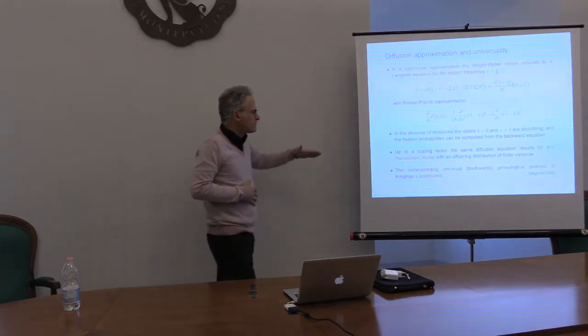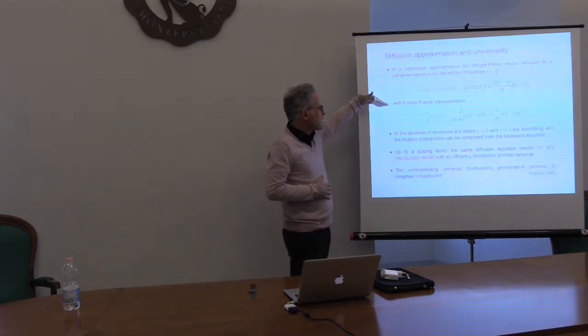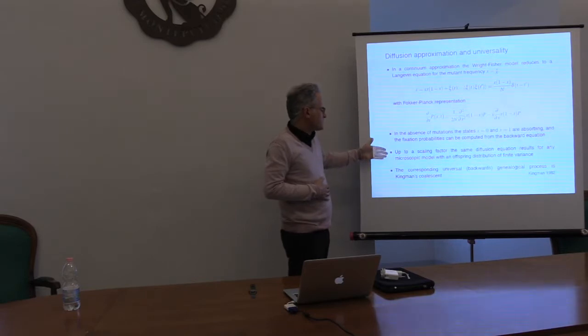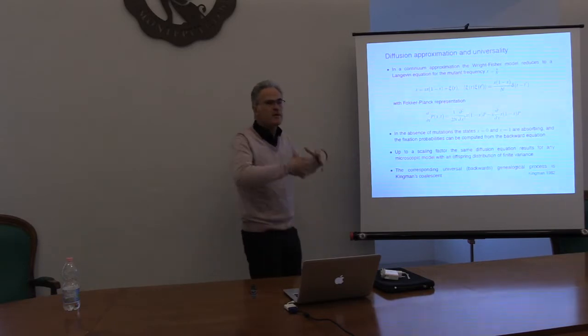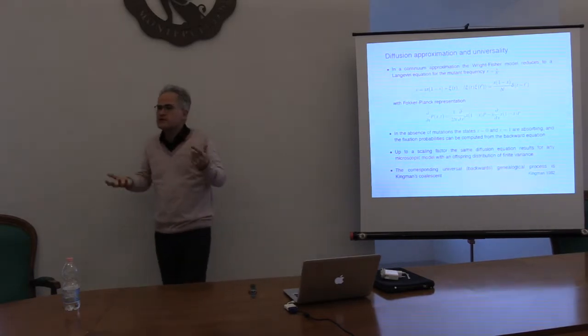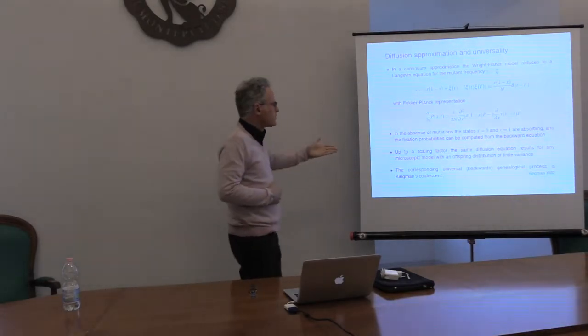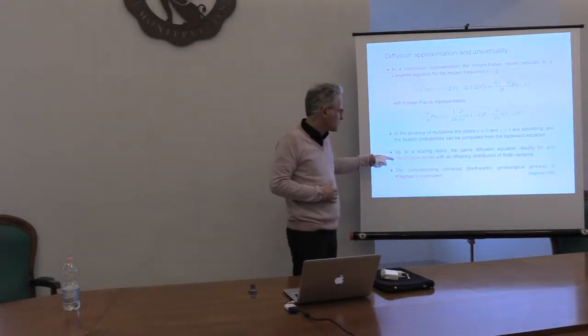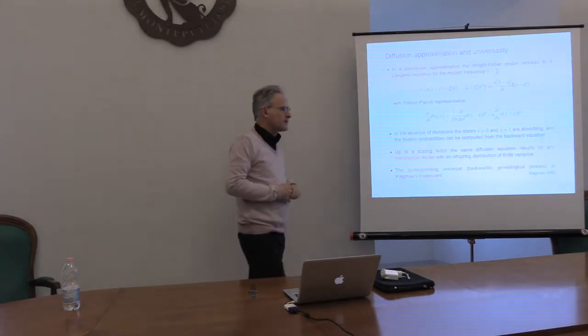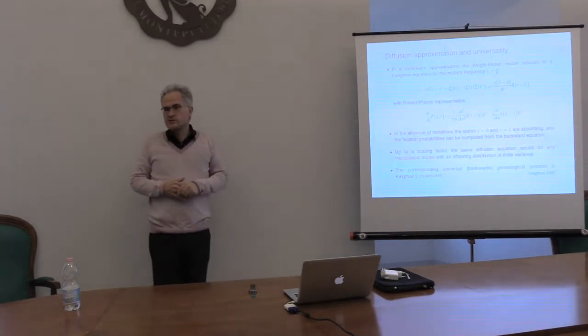Now, what is important about this is that it is a kind of central limit type argument. So this diffusion formulation is universal, in the same way that, say, the KPZ equation is a universal description of certain microscopic models. It holds also for the Moran model, and in fact it holds for any microscopic model that has a finite variance offspring distribution.